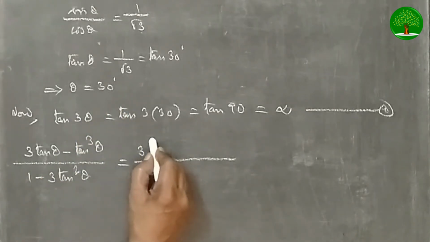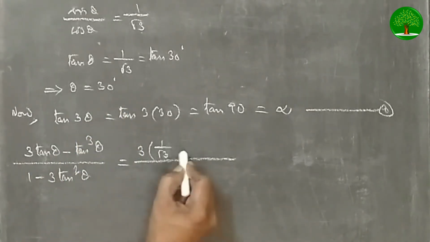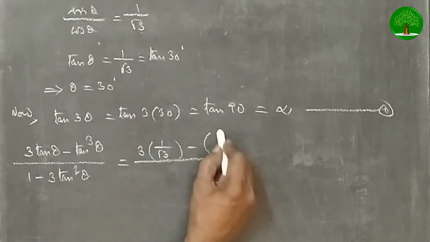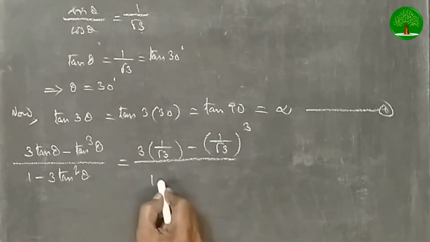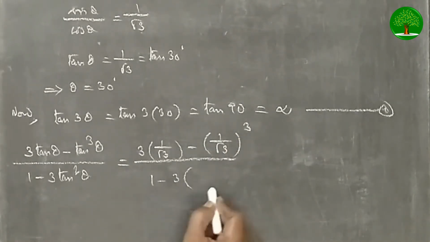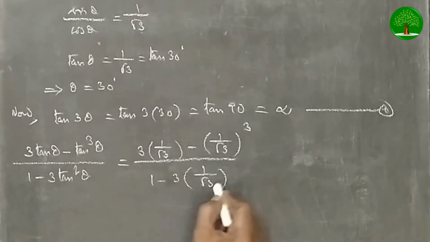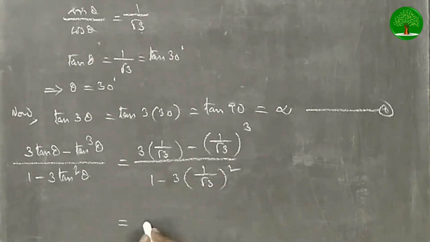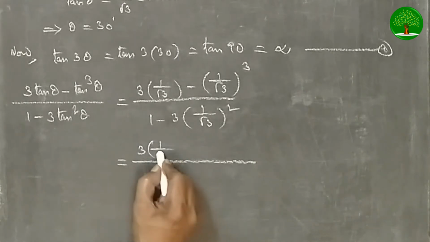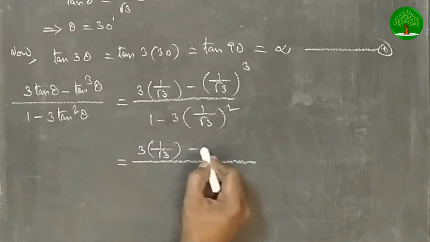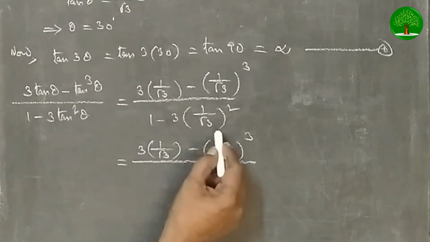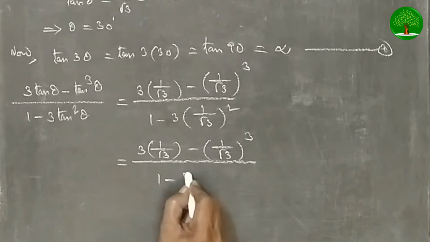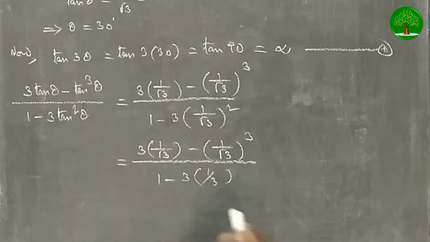tan 30. Tan 30 is how much? 1 by root 3. So, 3 into 1 by root 3 minus (1 by root 3) whole cube, by 1 minus 3 into (1 by root 3) whole square. This is equal to 3 into 1 by root 3 minus (1 by root 3) whole cube, by 1 minus 3 into 1 by 3. The 3 gets cancelled.